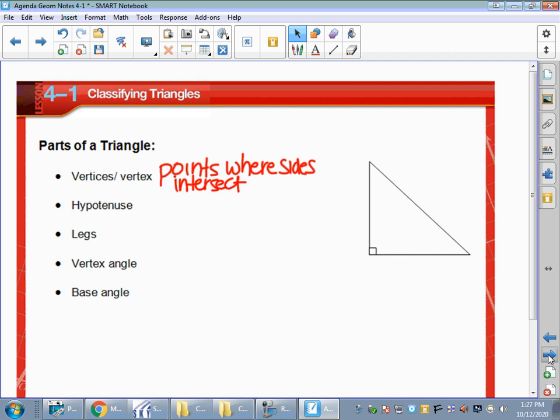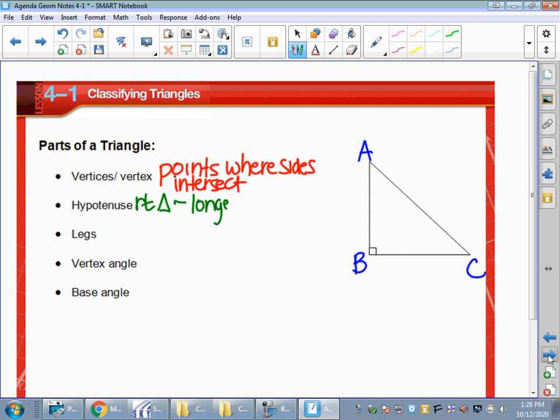Hypotenuse is, well, actually I could do this. So I could say I have vertex A, vertex B at the right angle, and vertex C. Hypotenuse, we all know that's in a right triangle. It is the side opposite the right angle. I'm an abbreviator.